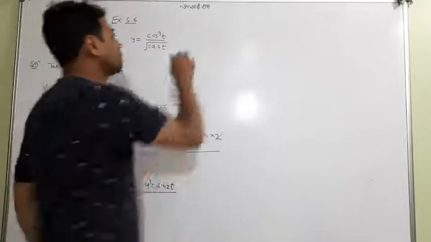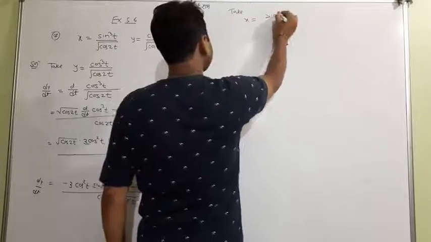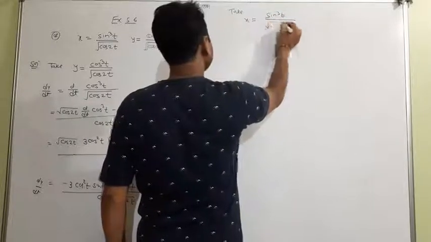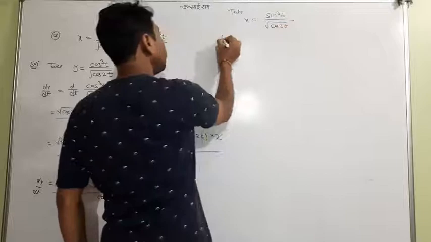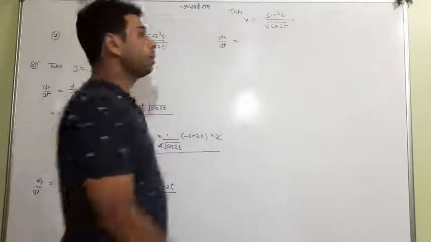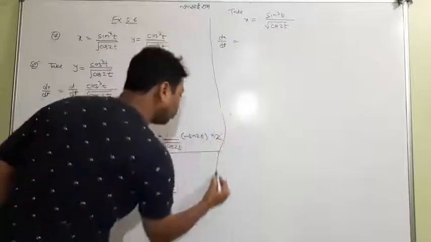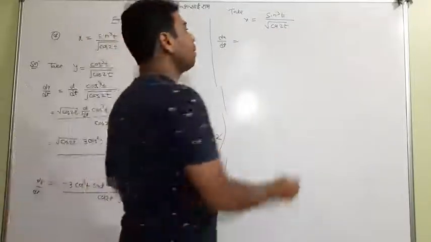Now I'll go with x. x is equal to sine cube t upon cos 2t. Do first dx by dt. Use it directly. Not writing d by dt, just don't want to be formal. Go directly.